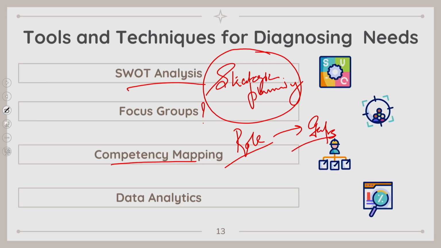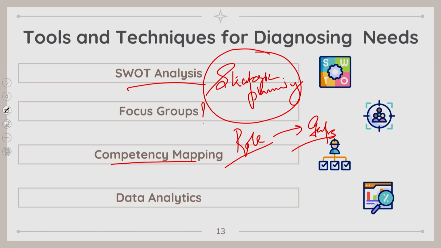So typically you are identifying the gaps. By clearly outlining the knowledge, skills and abilities needed for success, competency mapping ensures alignment between individual performance and organizational objectives. It also serves as a foundation for designing role specific training programs.